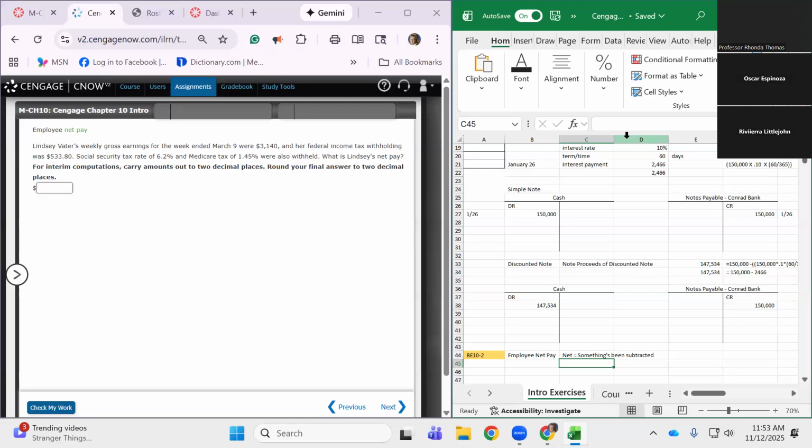You want to know something cool about Social Security and Medicare? You may not know, your employer's got to match that. Yes, they do. So every time you send 6.2% of your earnings to Social Security, and Medicare gets 1.45% of your earnings, your employer's got to put that in on top of your earnings.